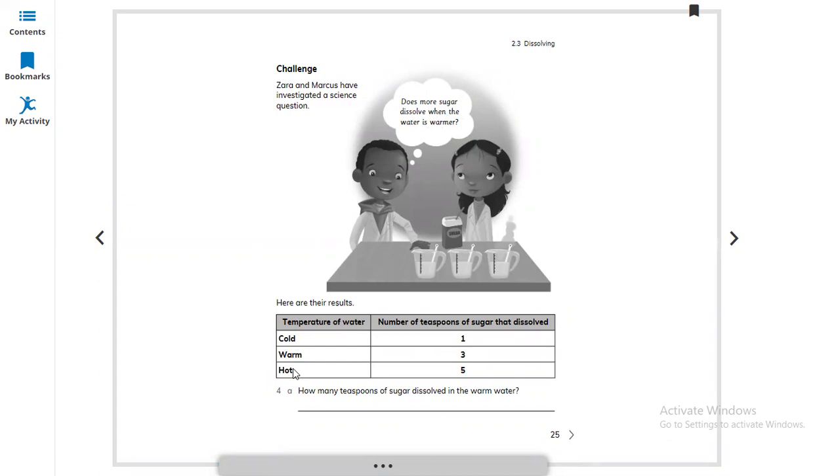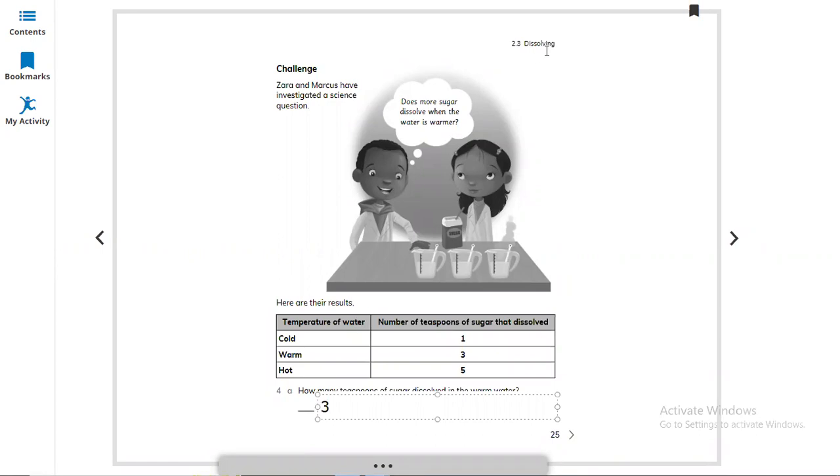So how many teaspoons of sugar dissolve in warm water? 3, you can see here 3. Mostly in hot water, sugar or any material dissolves easily. So here we write 3.